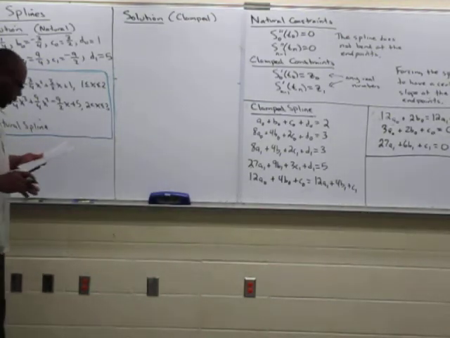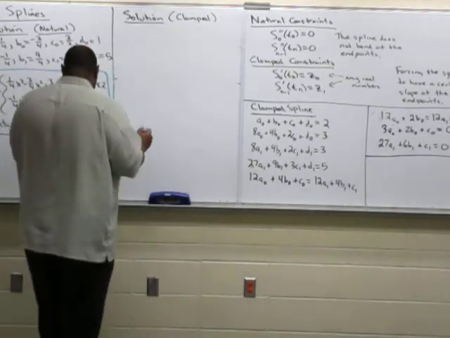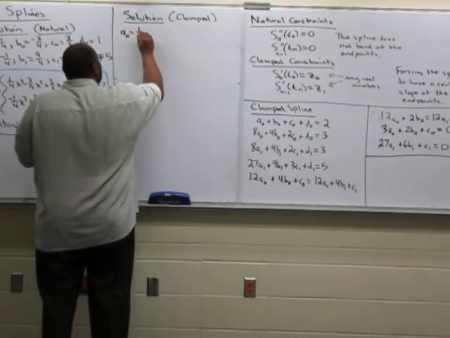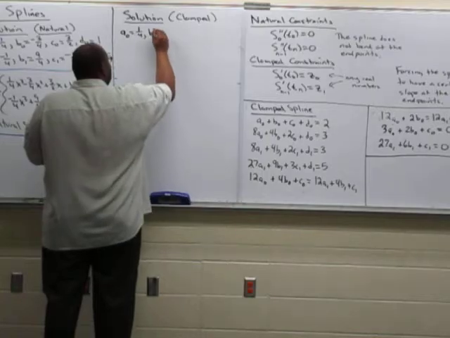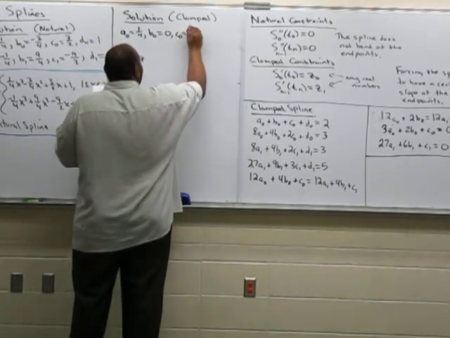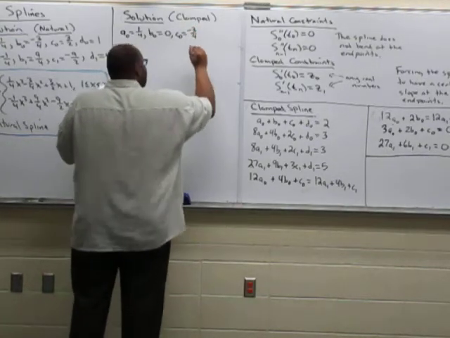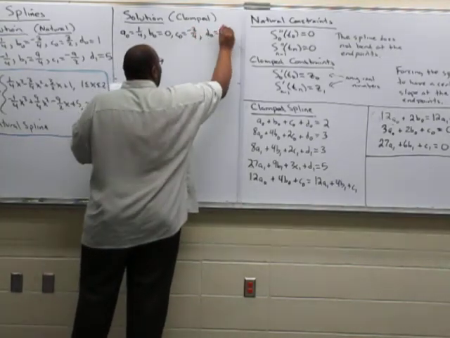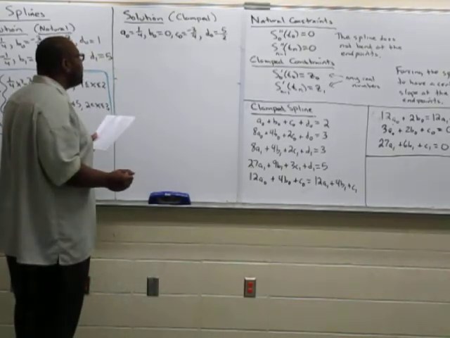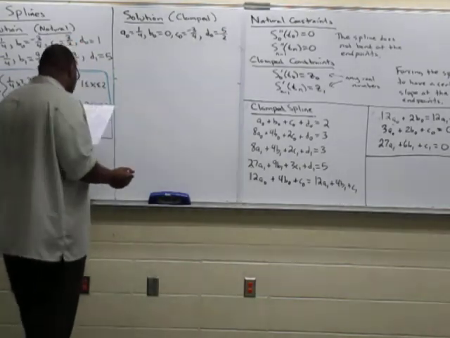Now if we do this one, what I have is A0 is equal to 1/4. B0 is equal to 0. C0 is equal to -3/4. D0 is equal to 5/2. Okay, so a little bit nastier numbers than we got for the quadratic.